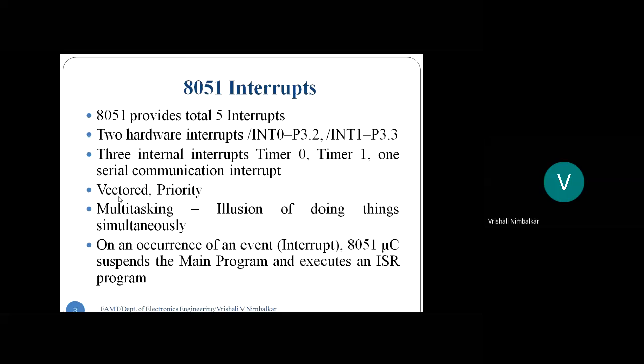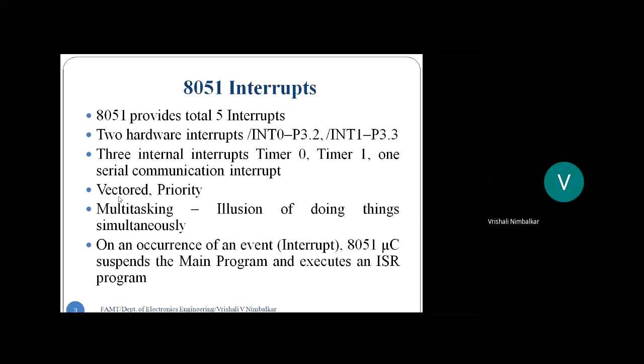Now, where to jump? The microcontroller always knows from what address the instructions are to be executed. It depends on the contents of the program counter. Depending on the address in the program counter, the microcontroller executes those particular instructions. So when an interrupt arrives, the program counter gets loaded with some definite address.